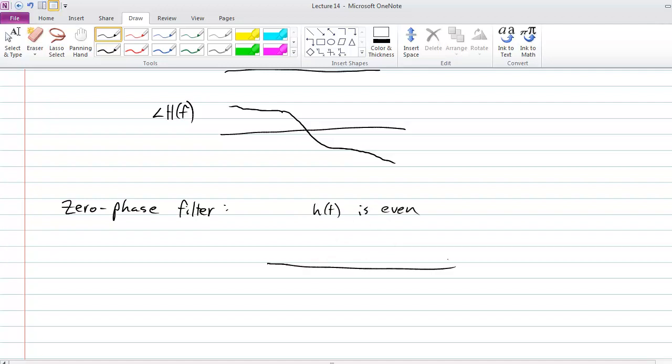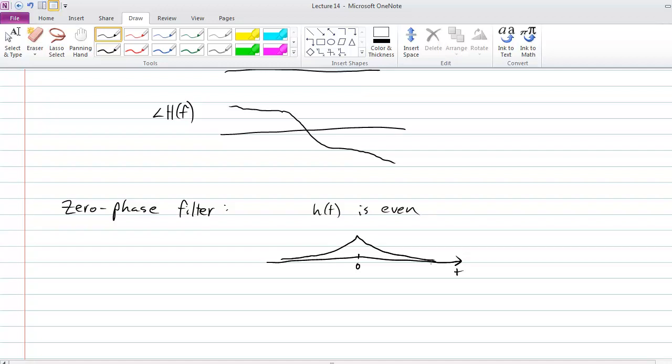So we have some filter, for example, sinc. I'll just draw something else so we don't always talk about sinc. So you have an even impulse response. Now, it's not causal. If it's an even impulse response, it's not going to be a causal system, but don't worry about that.